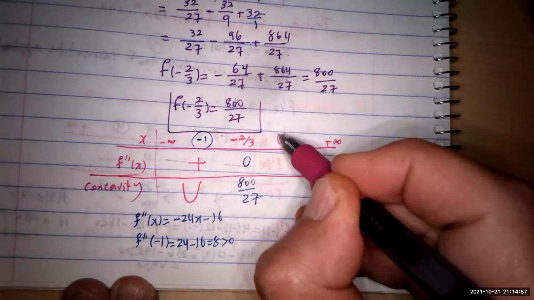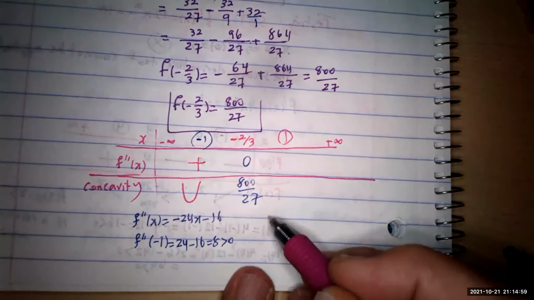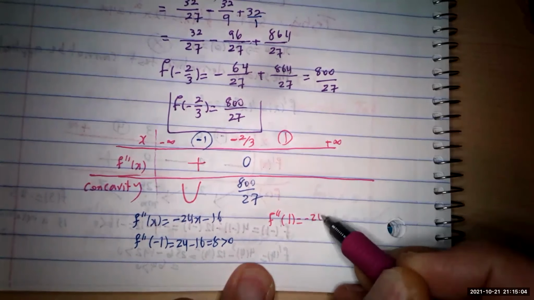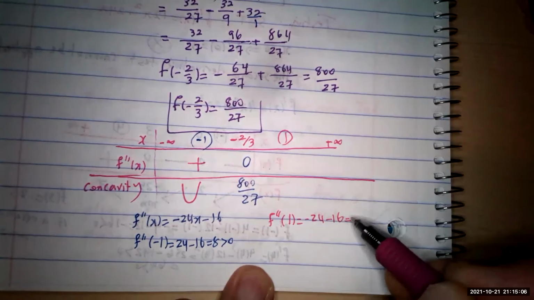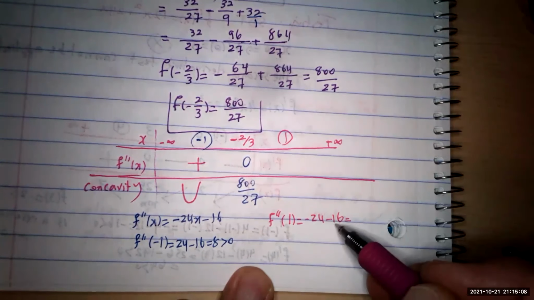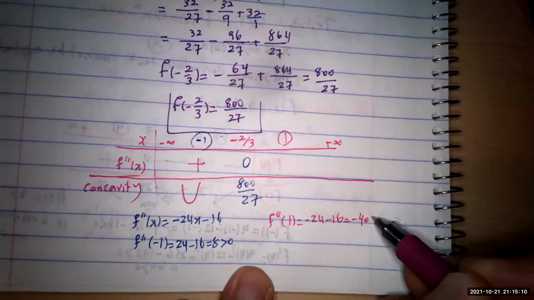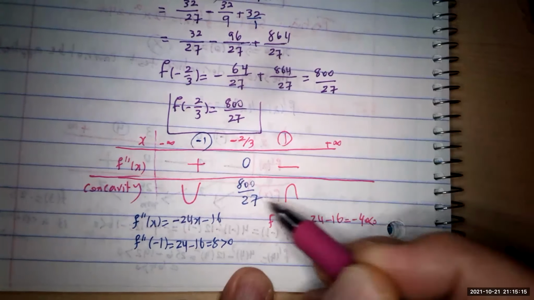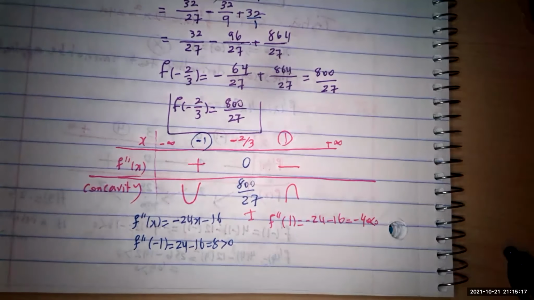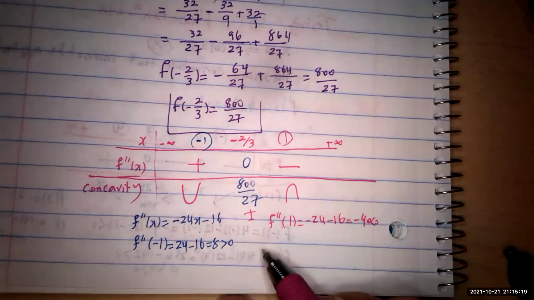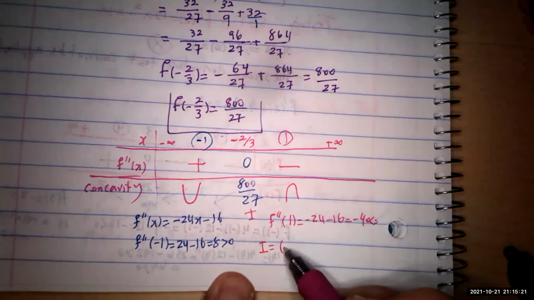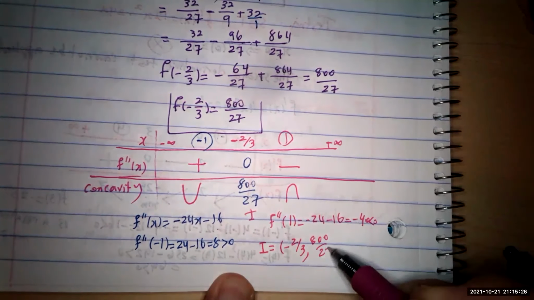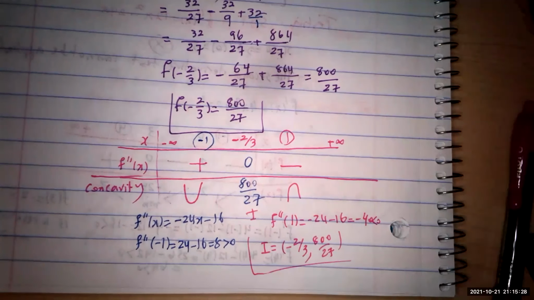You can test a positive one. So if you put the positive one, that gives me negative 24 minus 16, which is going to be negative 40. It's negative. So negative means concave down. Up, down, this is inflection point. So your inflection point is negative 2/3, comma, 800 over 27.